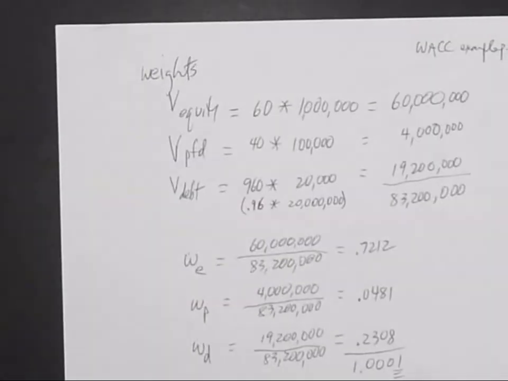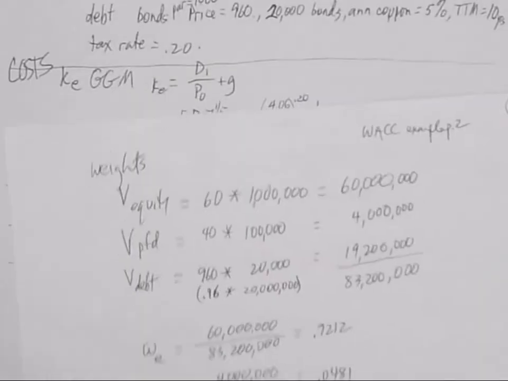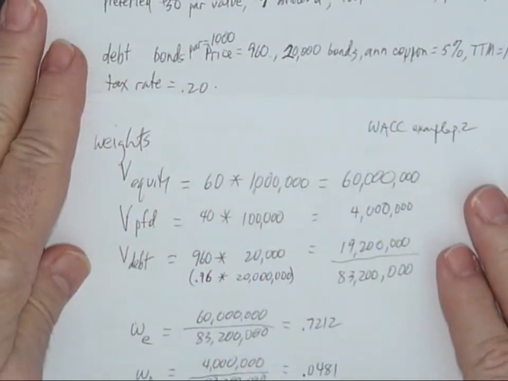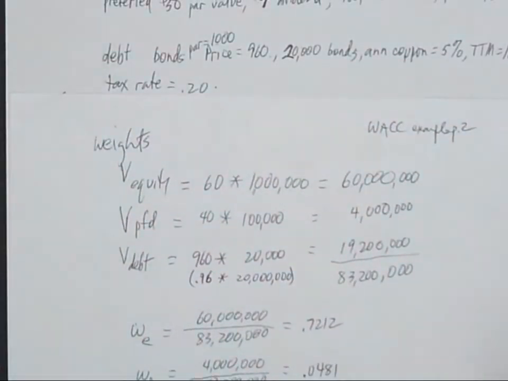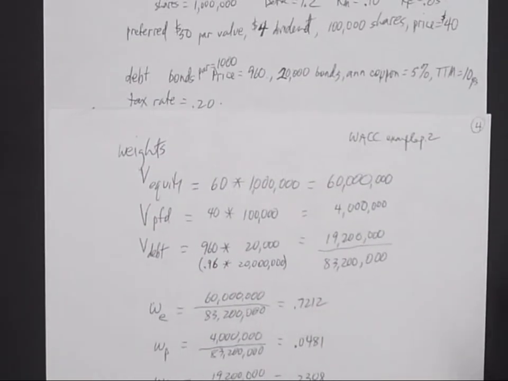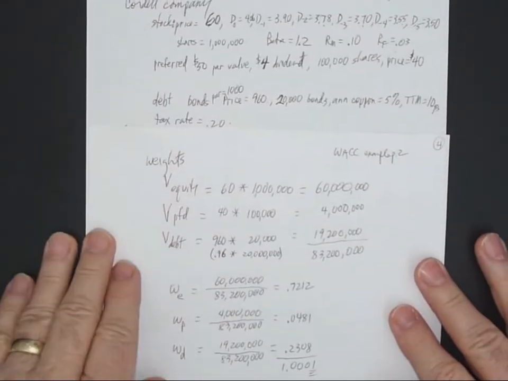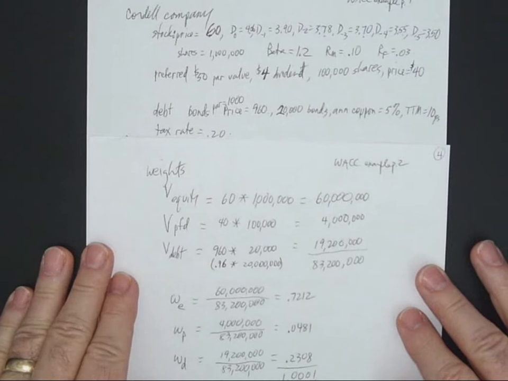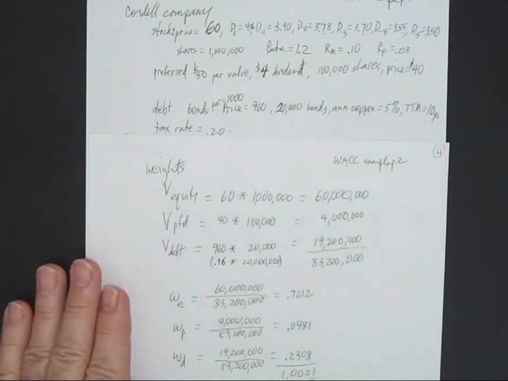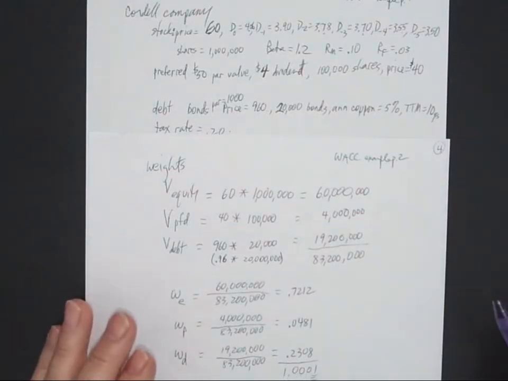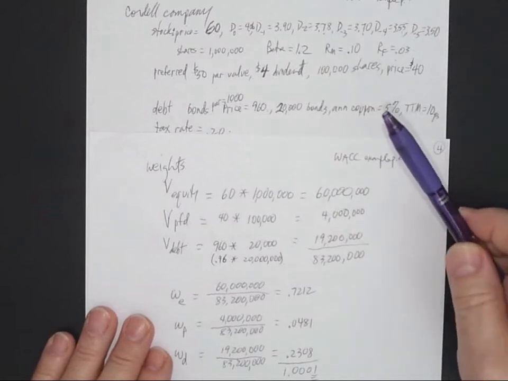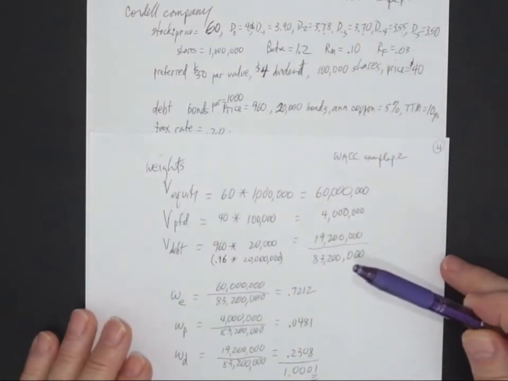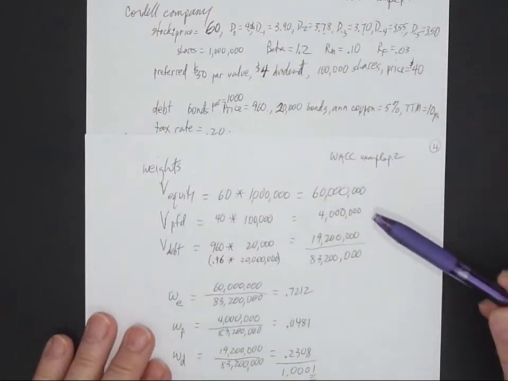Now we're going to calculate the weights. Let me zoom out a little bit here. We need to figure out what the values are of these individual sections of our cost of capital calculation.